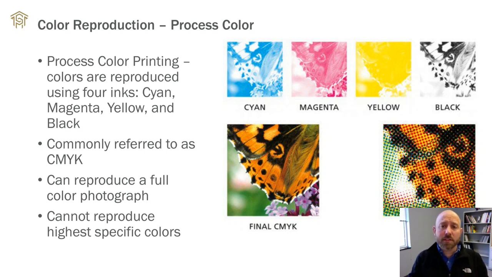It might get close, but if you are trying to reproduce extremely specific colors, like corporate colors, think about Coke red. Think about how important that particular red is to that company. Coke would never use process color to reproduce that red.